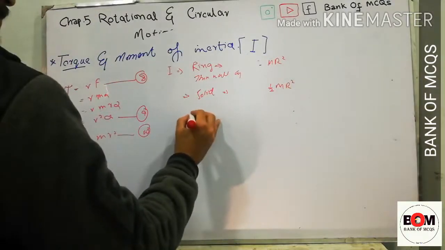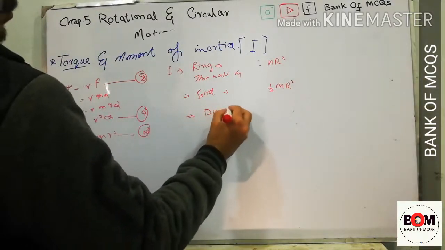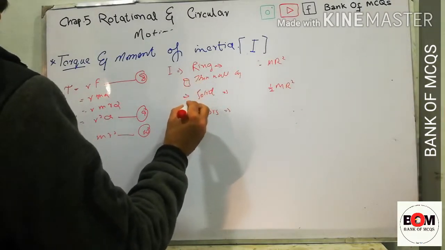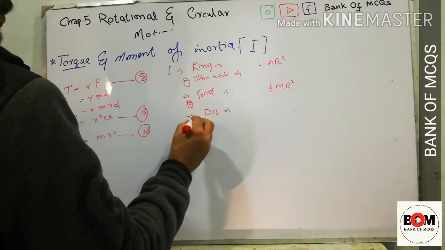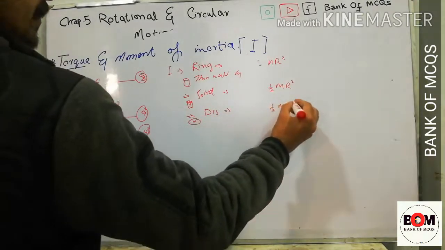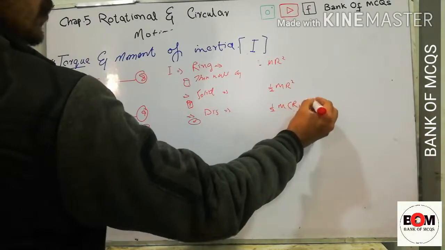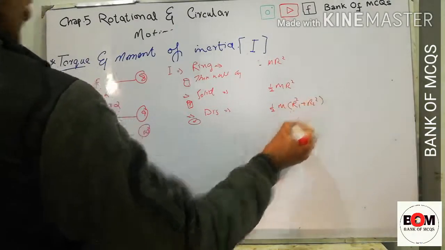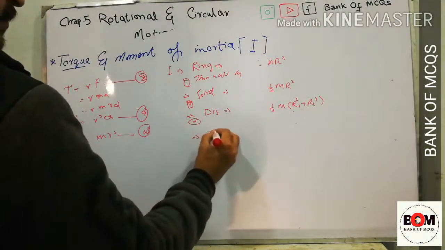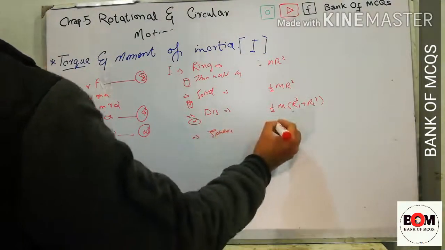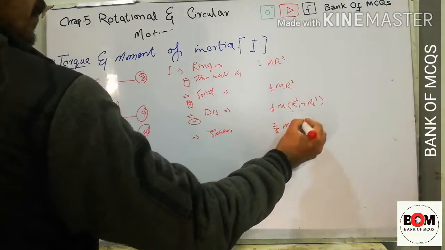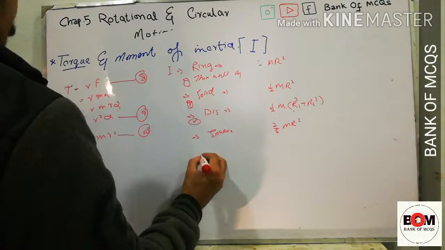The third is the I value for a disc with two radii, that is equal to half M times R1 square plus R2 square. Another is a solid sphere, for that I is equal to 2 by 5 M R square.